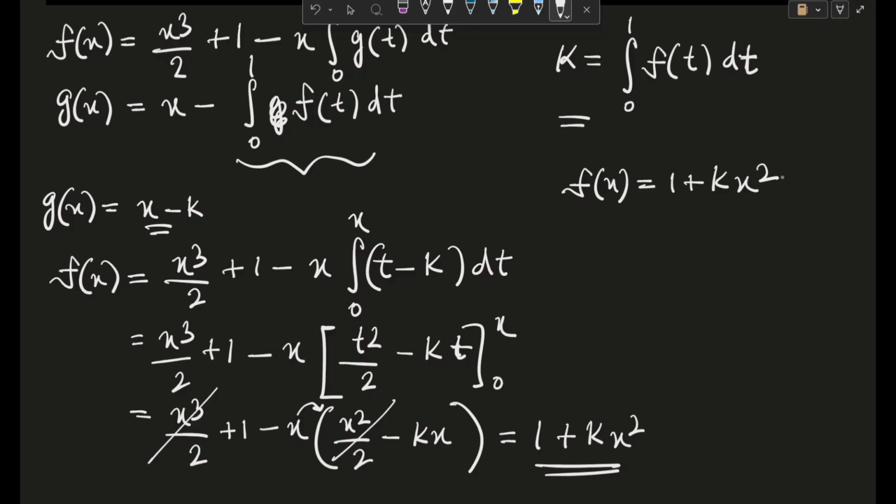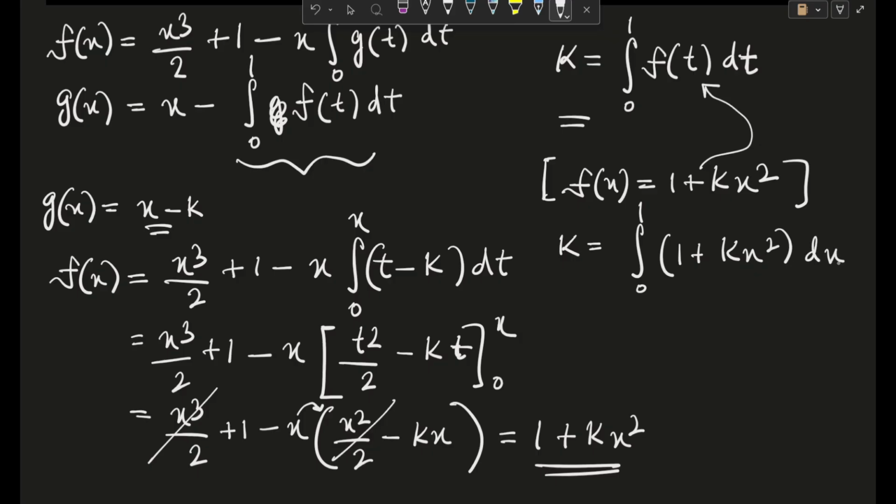And now we will put this result we obtained right now into the equation we substituted for before, and then we will get our k. So k is equal to the integral from 0 to 1 of kt squared dt.